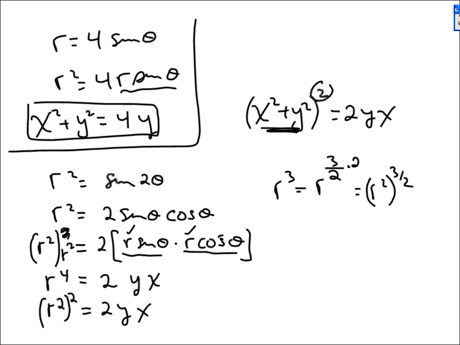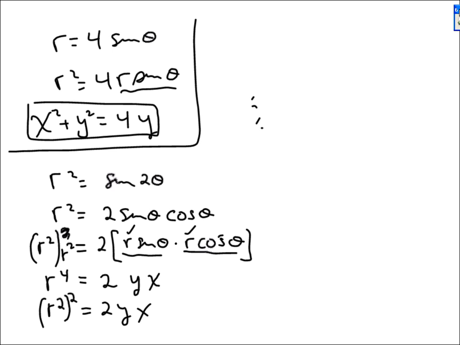That's r cubed, and it has an r squared in it. r squared is x squared plus y squared. That's r squared to the 3/2. That's r cubed. Okay, so if you need to convert r cubed, you can do what I just did there. Somehow you want to get r squared to a power.